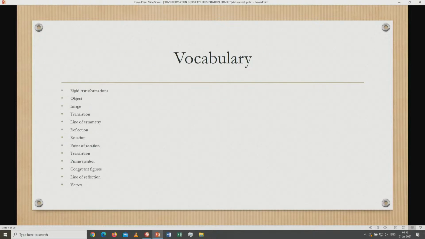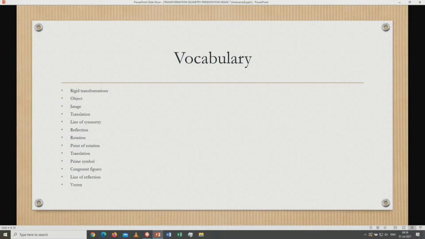Then what is the vocabulary that we will need to familiarize ourselves with under this topic? We're going to talk about rigid transformations. Our scope is based only on rigid transformations. We're going to talk about what an object is and the difference between an object and the image.